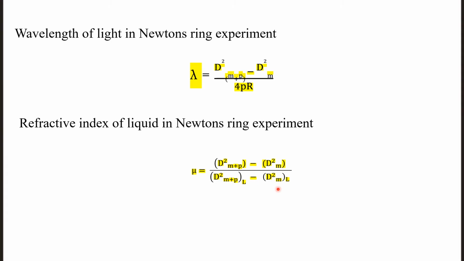Here, the diameter differences in the air medium and in the liquid medium are selected for the determination of mu. So these are some formulae with which we are going to see the numerical examples. How these formulas are derived, you may see in the video as I have mentioned earlier.